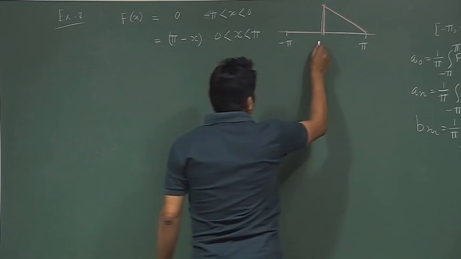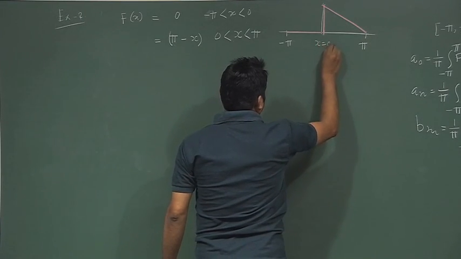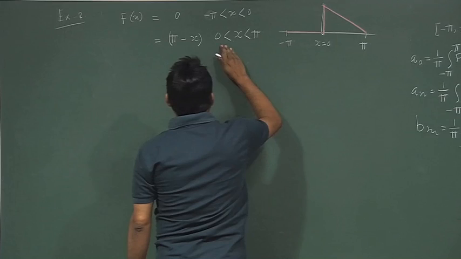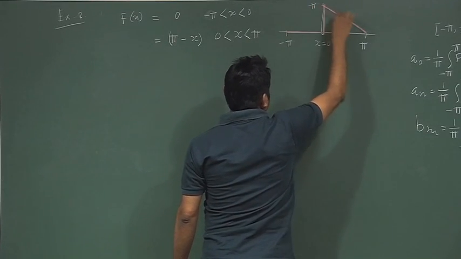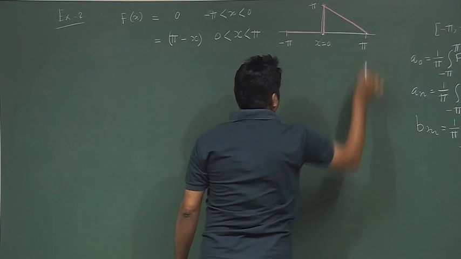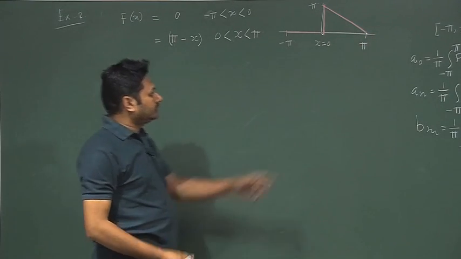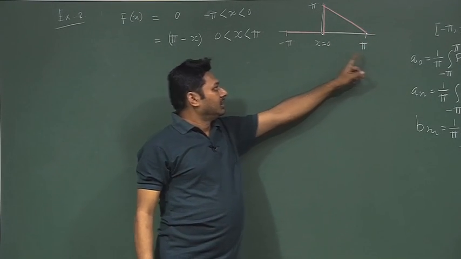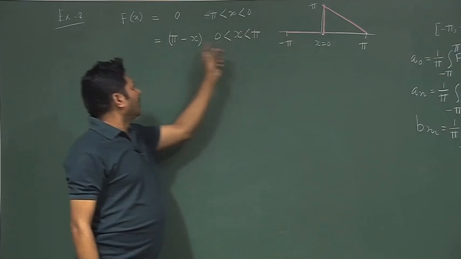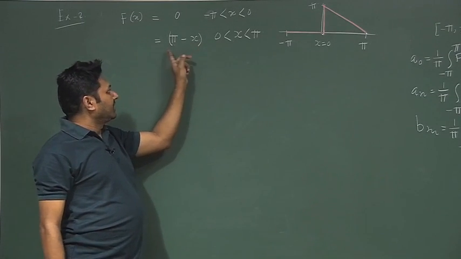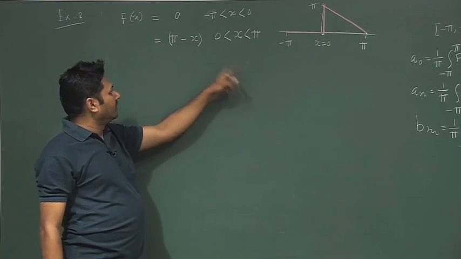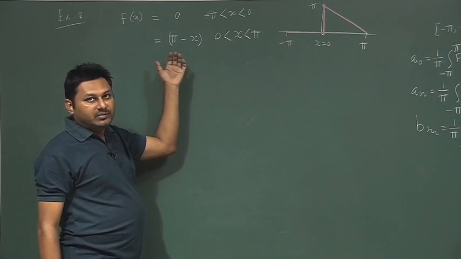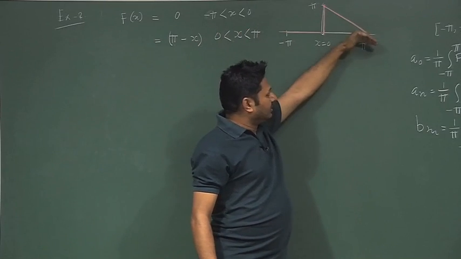This is x equal to 0, and at x equal to 0 the function is pi. So, this value is pi, and then it gradually comes down, because it is a straight line kind of function, y equal to mx plus c kind of thing. When x is equal to pi, the function will be 0.